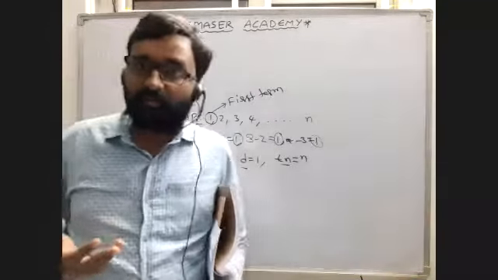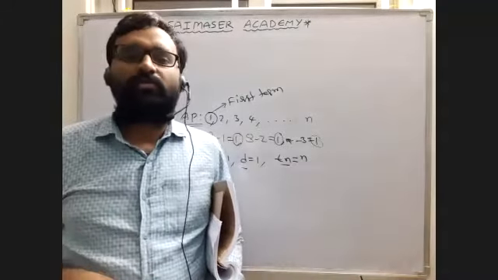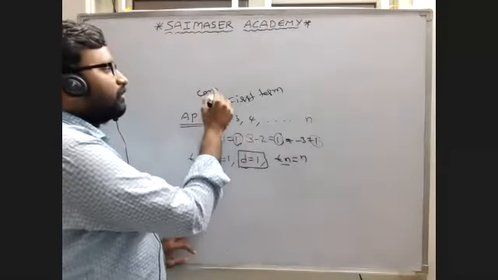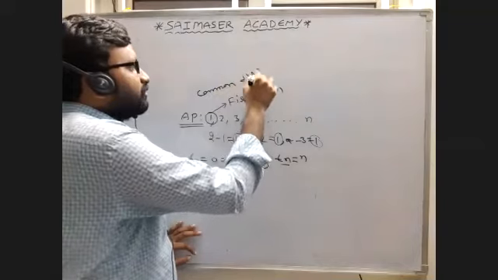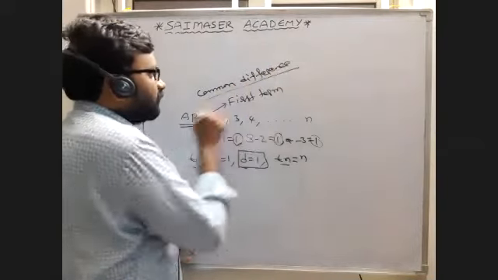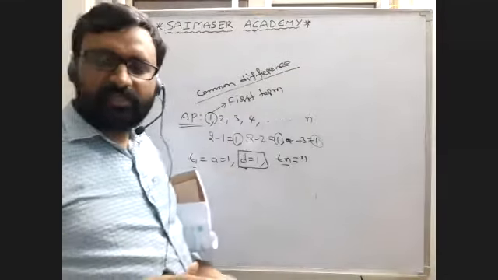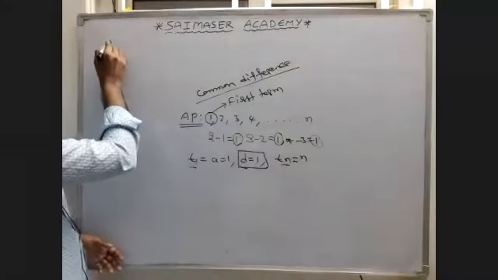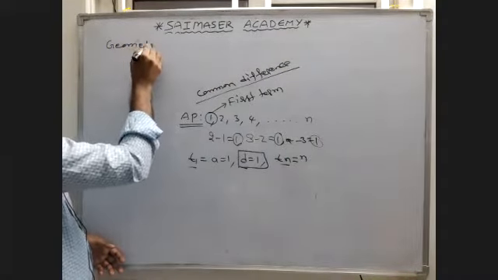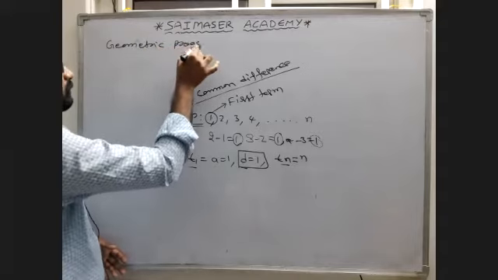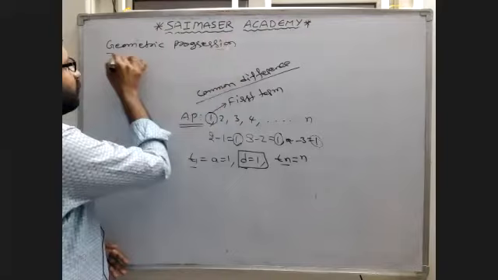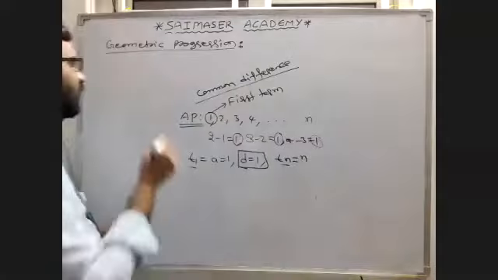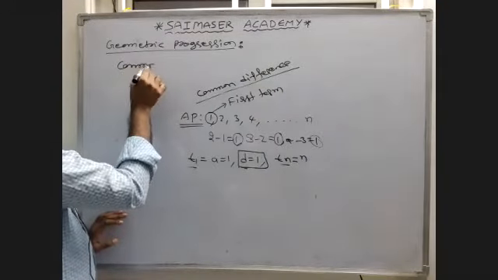But how can we say the given progression is GP? Depending on the common difference, we can say whether a progression is AP or not. For GP, geometric progression, we can say a given progression is GP with the common ratio.